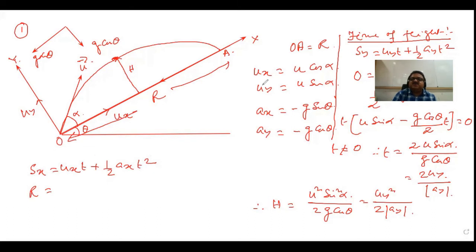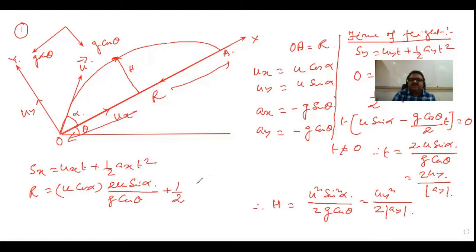What is ux? u cos alpha. And what is t? t is time of flight. So if I put the value of time of flight, it is 2u sin alpha by g cos theta, plus half. What is ax?